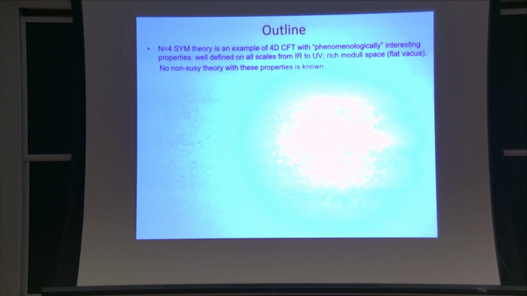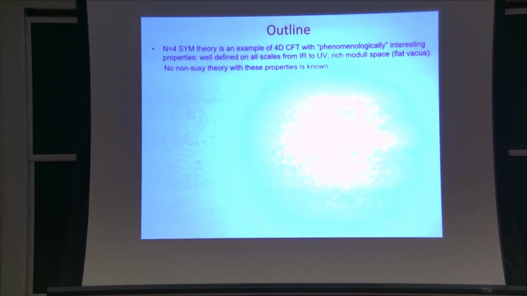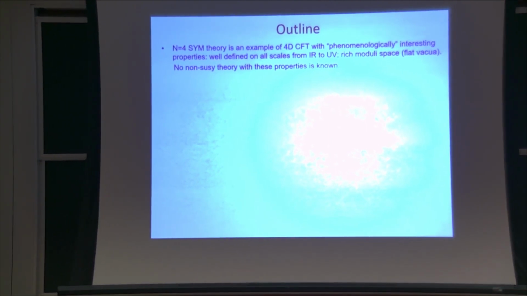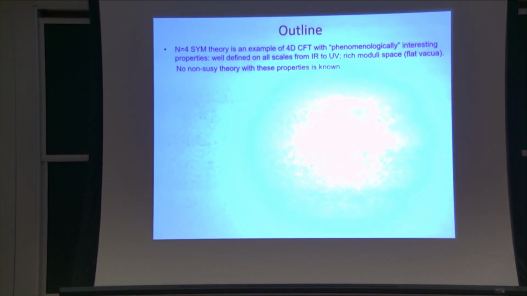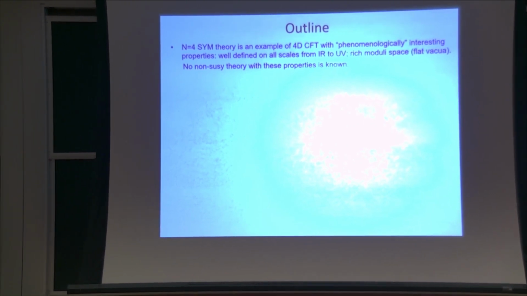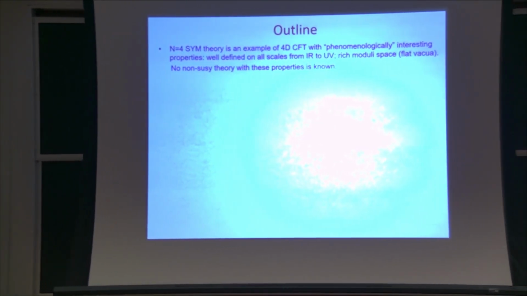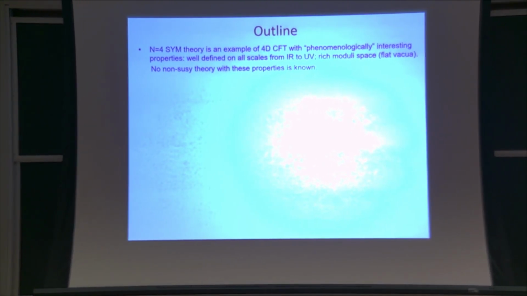And unfortunately, no non-supersymmetric theories of this kind are known in 4 dimensions, which is always a mystery to me. I keep on interviewing knowledgeable people why it is so that we don't have a non-supersymmetric theory with such properties. Maybe there is a theorem about it.